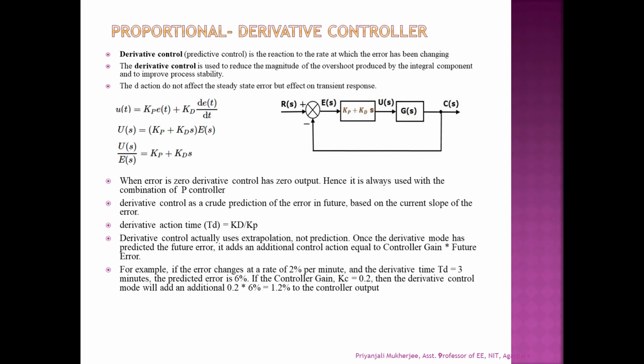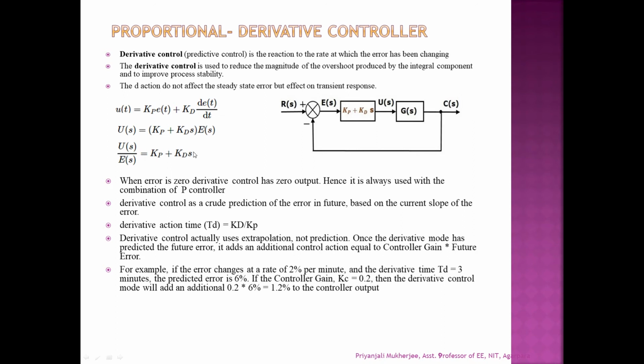And the D action does not affect the steady state error but affects the transient response. So here both the proportional part and the derivative part are present, and u(t) is equal to Kp into e(t) plus Kd into the derivative of the error. And in the Laplace domain, we can say that U(s) is equal to Kp plus Kd s into E(s), or the transfer function becomes Kp plus Kd into s.